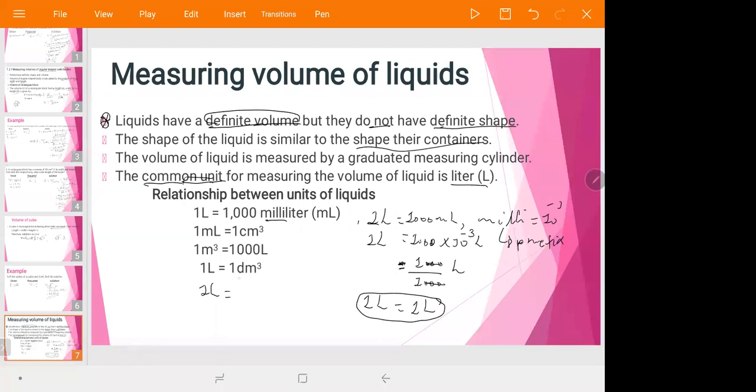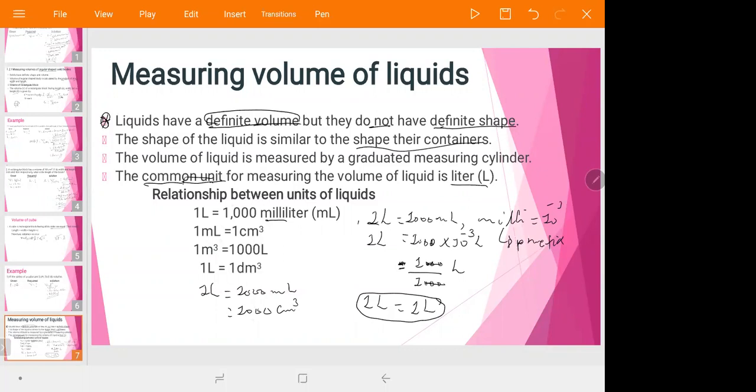No one? 1 liter is 1000 milliliter. But milliliter and the centimeter cube are equal, so 1000 what? Centimeter cube. Therefore, 1 liter is equal to 1000 milliliter.